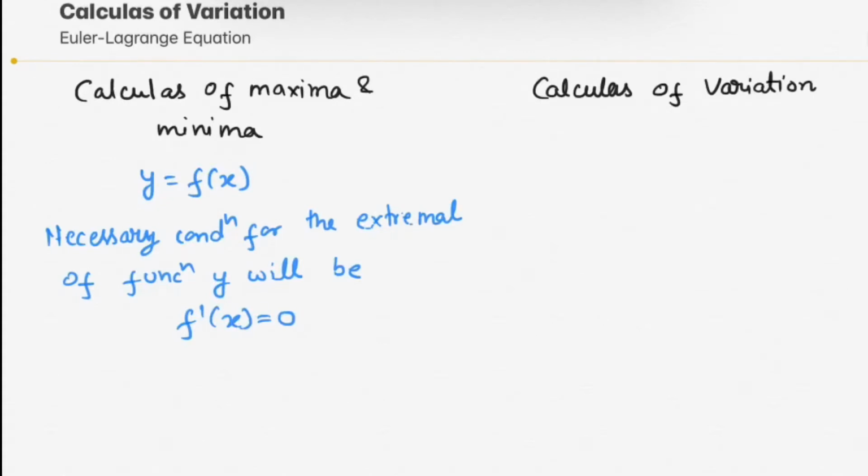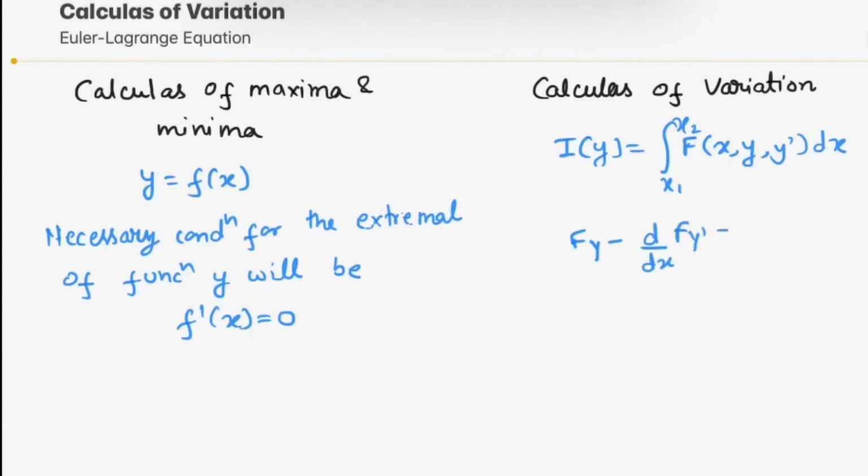And for the functional I(y) equals integration x1 to x2 f of x, y, y prime dx, the necessary condition for extremal of functional I(y) will be f_y minus d over dx f_y prime equals 0. Here f_y is partial differentiation of f with respect to y and f_y prime is partial differentiation of f with respect to y prime.